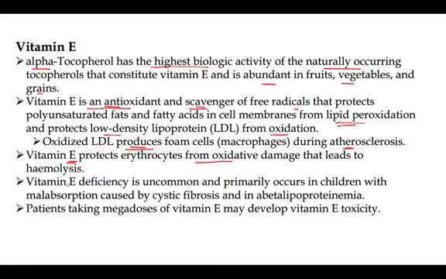Now, in general, vitamin E deficiency is uncommon. However, it occurs primarily in children, especially those who are suffering from cystic fibrosis and abetalipoproteinemia, where there is impaired absorption of fats, in turn affecting the absorption of lipid soluble vitamins.